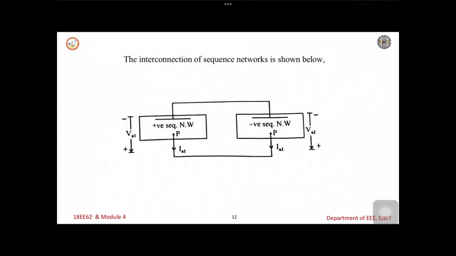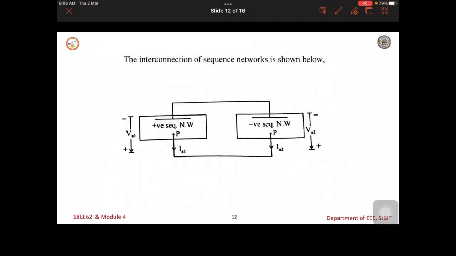You can observe this sequence network. So here the positive and negative sequence networks are connected in parallel. The positive sequence network voltage is VA1 and current IA1, the negative sequence voltage is VA2 and the current is IA2. They are connected in parallel.